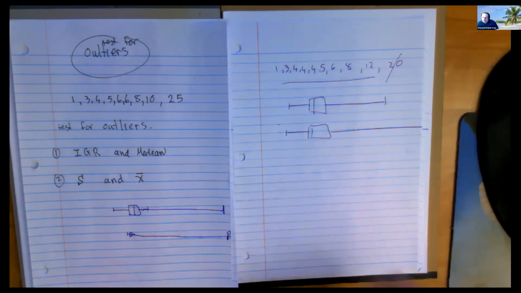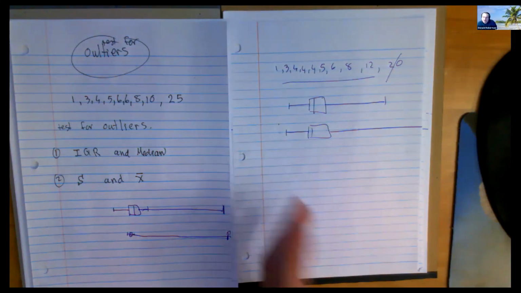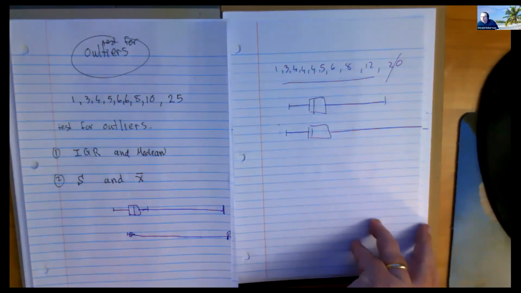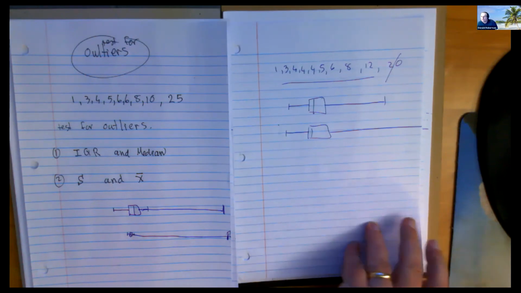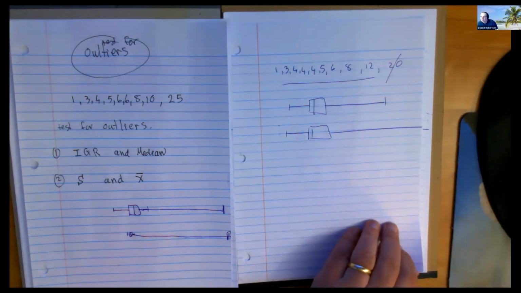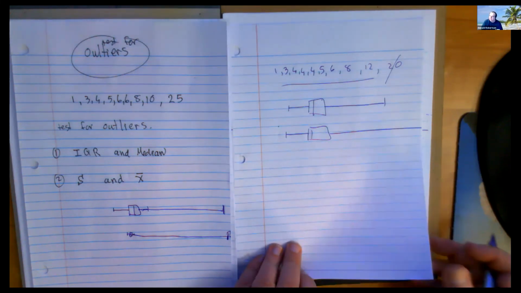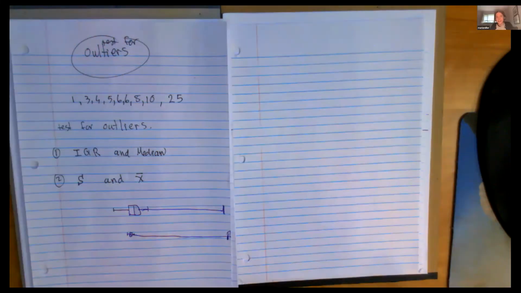Can you imagine in other situations where it looks skewed to the right, but when you take the outlier out, it actually is pretty symmetric, for instance. I don't think something that looks skewed right, when you take the outlier out, will then miraculously look skewed left. I don't think that is likely to ever happen, but it might look more symmetric when you do it. That certainly could happen. Okay, thank you.